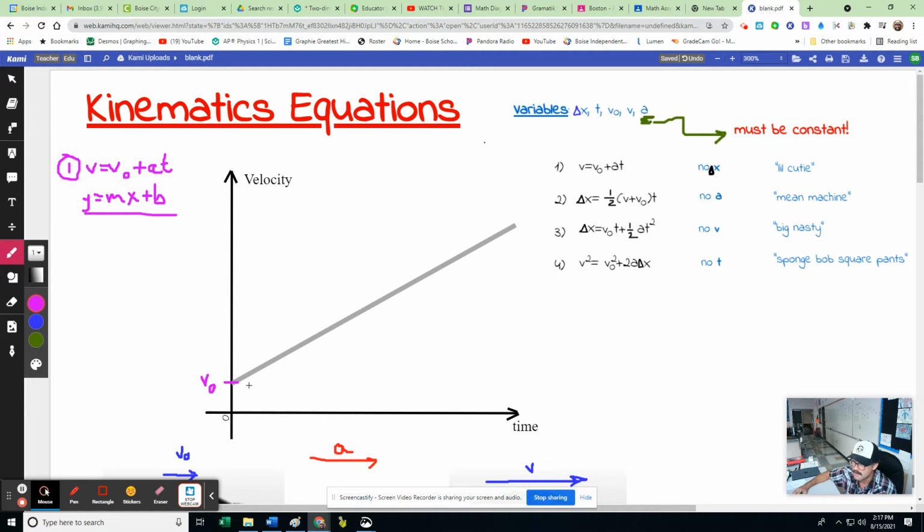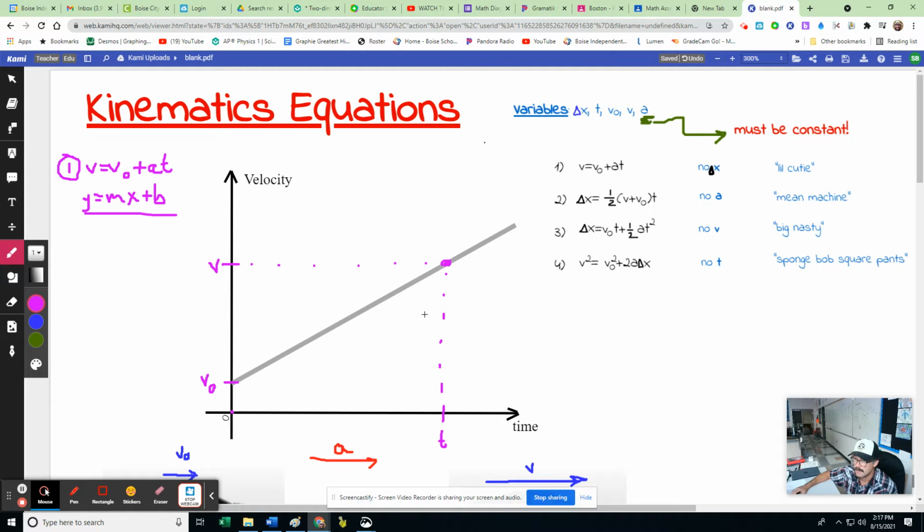We're going to use that to kickstart all this stuff off. So we're going to start at time 0 at some initial velocity v0, and then sometime later, let's call this time t, we're going to be right here, which is going to be at some final velocity v.